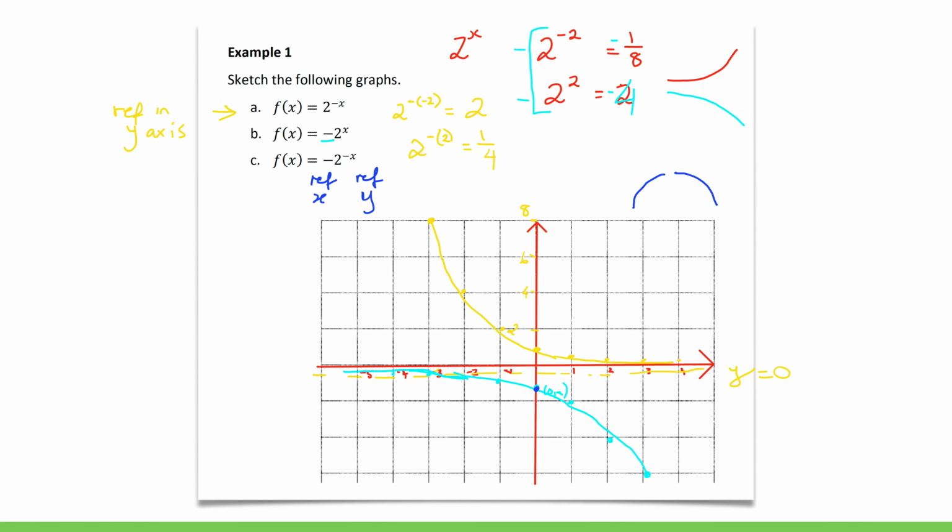So our intercept will still be at -1, but now with my positive numbers, it will be getting smaller, and with my negative numbers, it will be getting larger. And that's my graph for all of them. The asymptote remains at y is equal to 0.